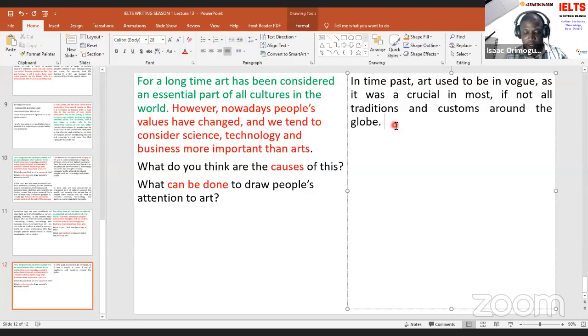Okay, however, the trend has been bucked. I am particular because I know the marker will try to check some of my wording, some of my expressions. You need to be.